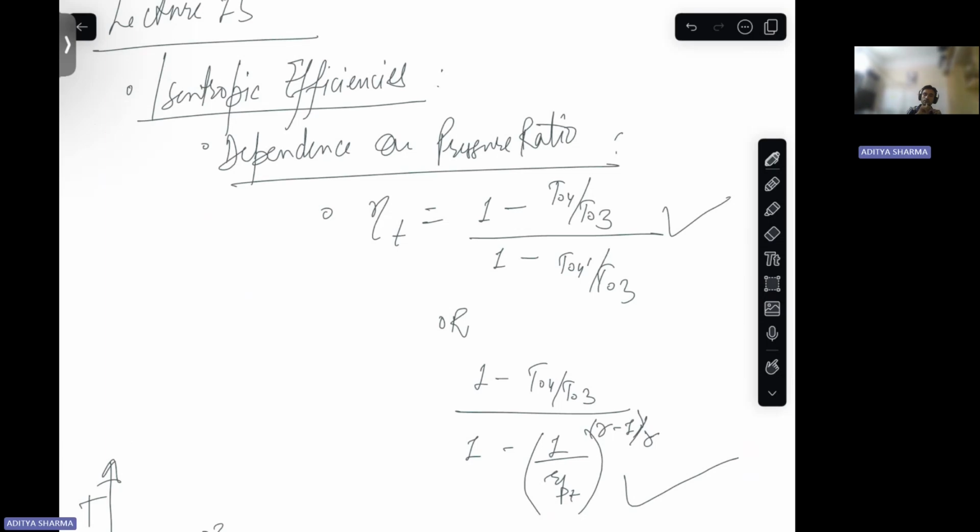For compressors, you see T1 to T2, 1 to 2, not 1 to not 2. For turbines, not 3 to not 4. But in polytropic efficiency, we see the infinitesimal changes. For these small changes of pressure, what are the temperature changes? This is what we see.